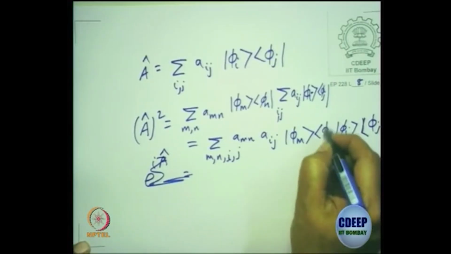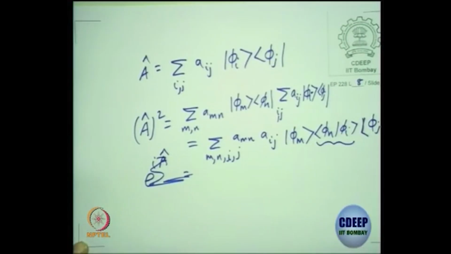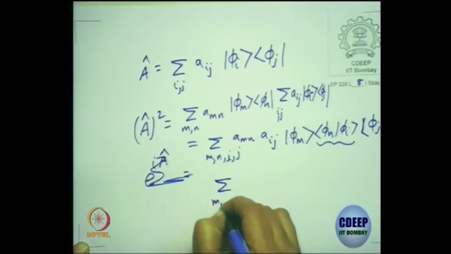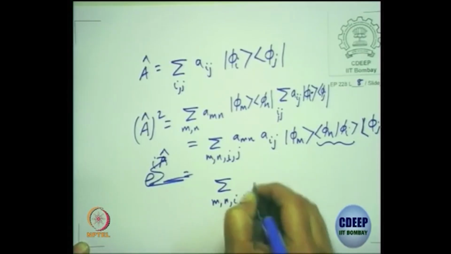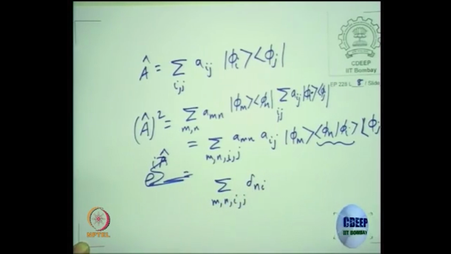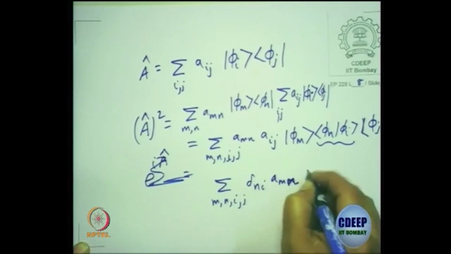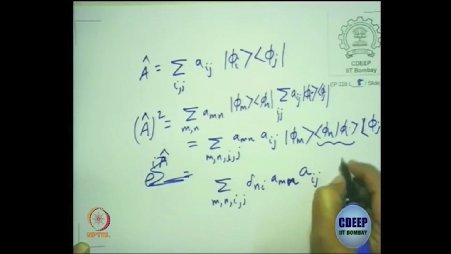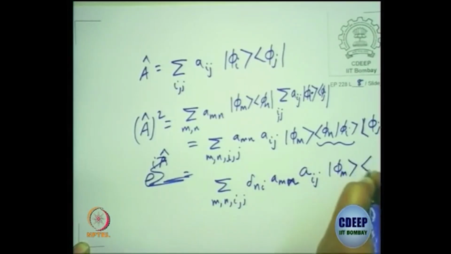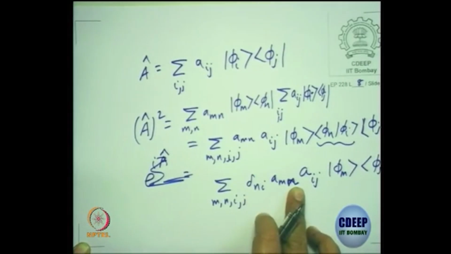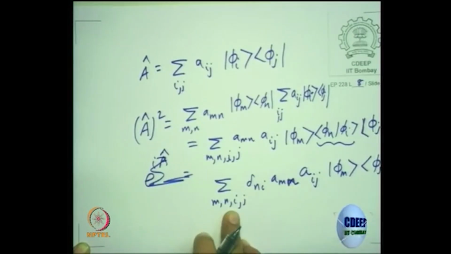What is this? It's delta_ni. So you will have summation over m, n, i, j of delta_ni a_mn a_ij |phi_m><phi_j|. Wherever n is there, I can replace it by i, and one summation over i is gone.